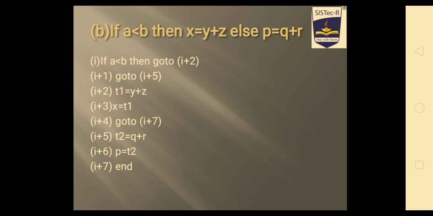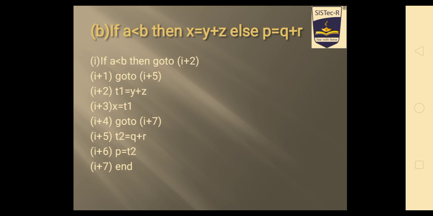Next, I plus 2, T1 equals y plus z, and I plus 3, x equals T1. So I plus 2 and I plus 3 are the three-address code for x equals y plus z. Next, I plus 4, go to I plus 7. This is a label jump for the end. It means you already completed the if part.